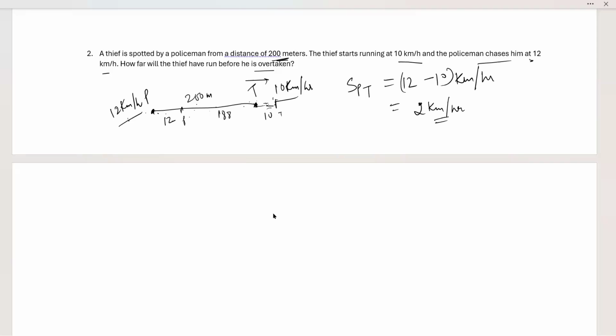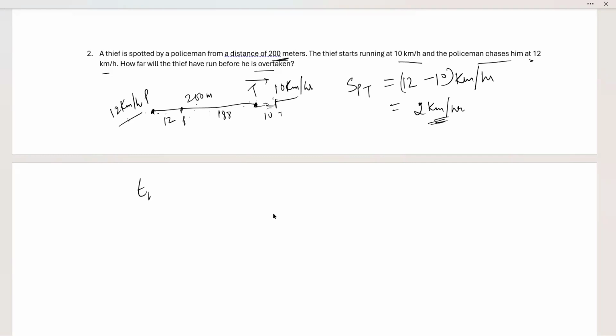And the distance between them is 200 meters. Now, for the police and thief to meet, the distance between them should be zero. So the 200 meters has to become zero, and it has to be covered at a rate of 2 kilometer per hour.